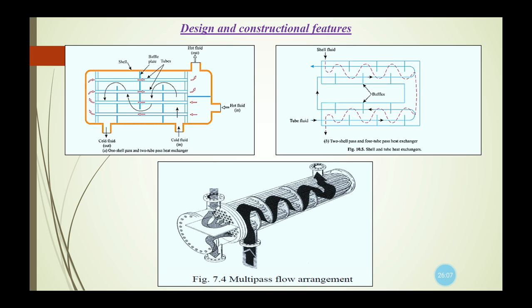Next, we are having the compact heat exchangers. So there are some special purpose heat exchangers, and they have a very large transfer surface area per unit volume of the exchanger. They are generally employed when the convective heat transfer coefficient associated with one of the fluids is much smaller than that associated with the other fluid.